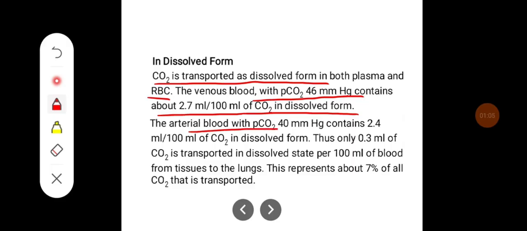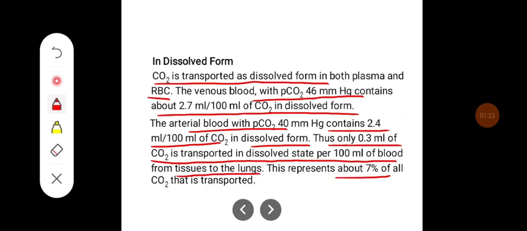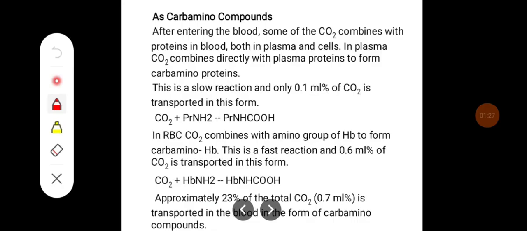The arterial blood with PCO2 40 mmHg contains 2.4 ml per 100 ml of carbon dioxide in dissolved form. Thus, only 0.3 ml of carbon dioxide is transported in the dissolved state per 100 ml of blood from tissues to the lungs. This represents about 7% of all carbon dioxide that is transported.